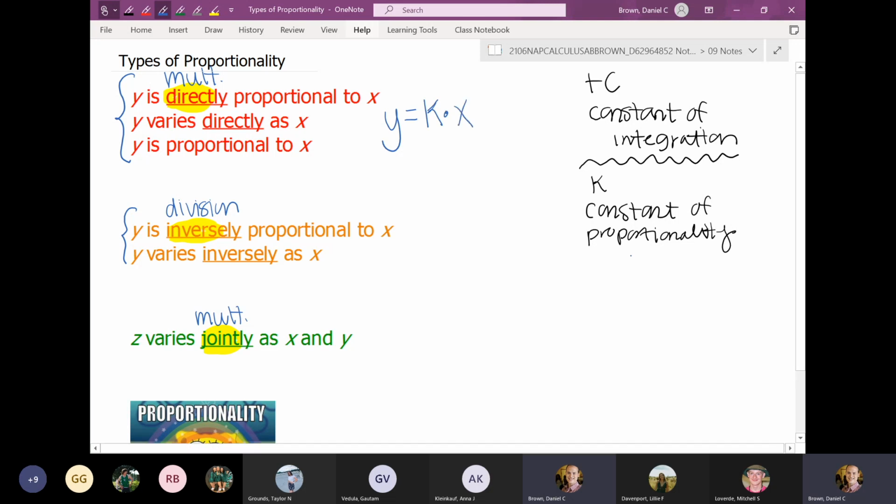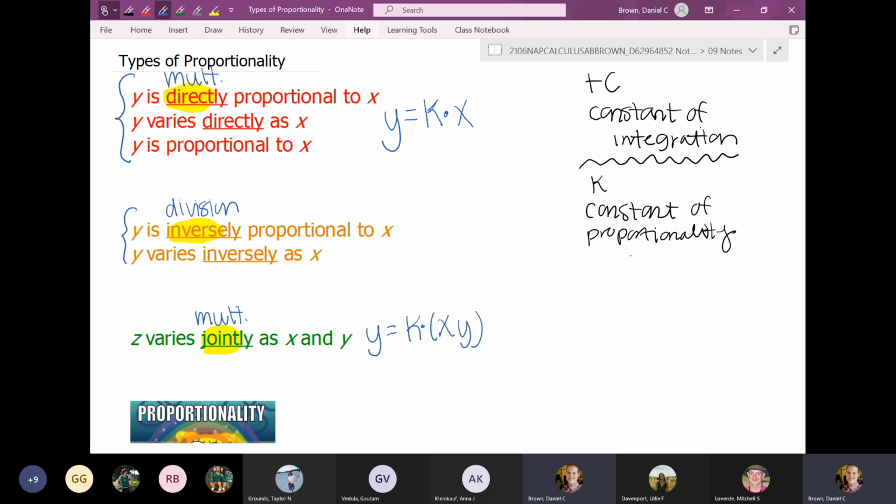So the equation would just be y is equal to kx for all three of those. Skipping down to that green one, it's going to be formed the same way. Jointly is also multiplication. It's just used often when you have more than one variable. So z varies jointly, so we have to have our constant of proportionality. It varies jointly as what? x and y. So again, pretty straightforward.